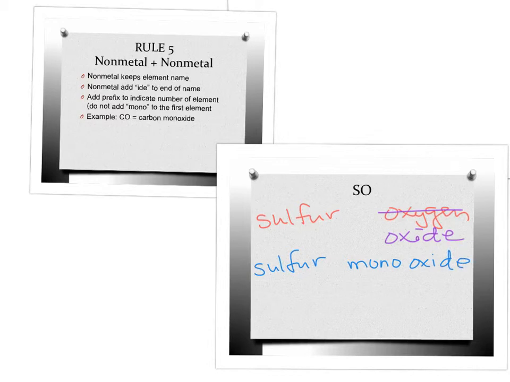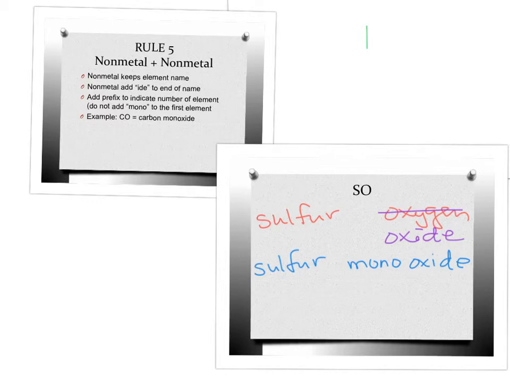Now, remember that according to the rules, if oxygen is the last element and any of the prefixes has the O or the A as the ending, we will drop that ending.